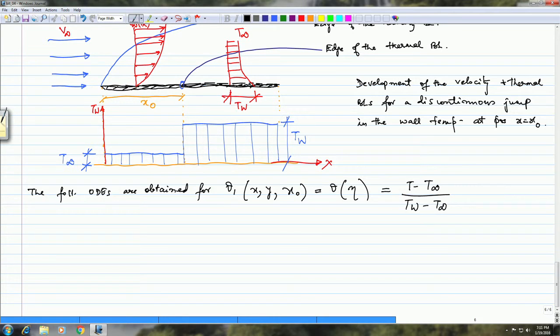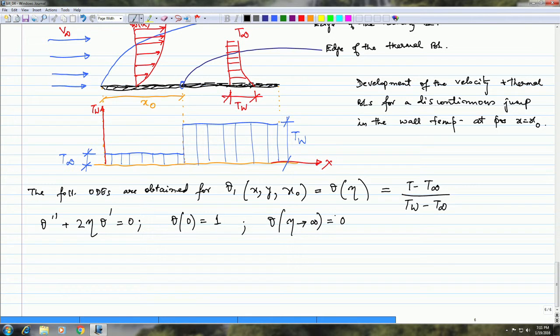If I do that, what I get is the following: theta double dash plus 2 eta theta dash is equal to 0. The boundary conditions being theta at 0 is equal to 1, and theta as eta tends to infinity is equal to 0.